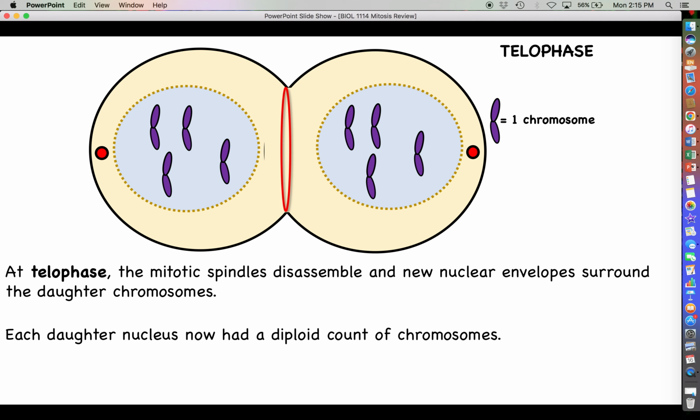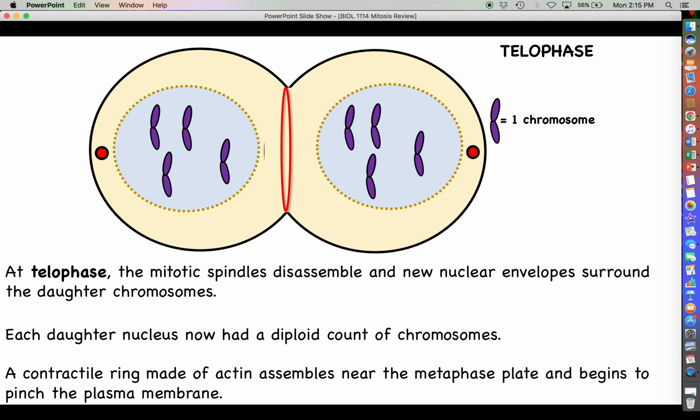We started with 92, so 46 should be in the left cell and 46 in the right cell. After cytokinesis, which is what's going to come next, we should end up with 2 cells that each have 46 chromosomes.